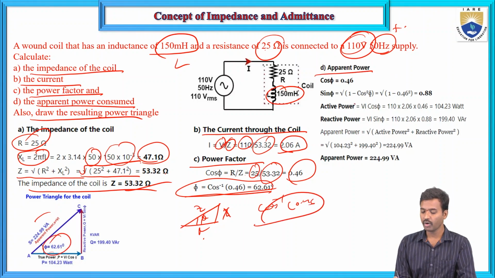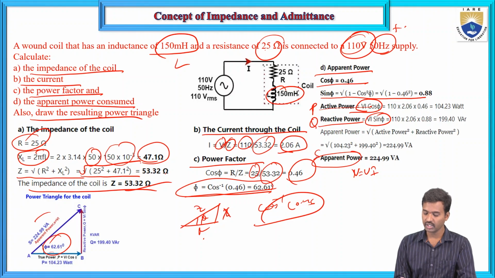Next, what about the apparent power? Cos phi is 0.46. What about sin phi? If you know cos phi, you can calculate sin phi. Now V I cos phi is the active power, and V I sin phi is the reactive power, and the apparent power equals V into I. So this is P, this one is Q, and this one is S. So V into I into cos phi, V into I into sin phi, and V into I. This one equals V into I, that equals 110 into 2.06.